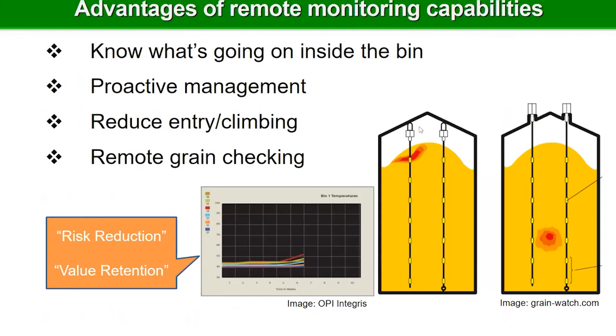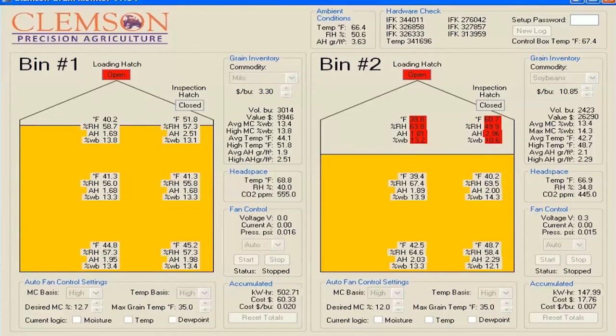So with these sensors, you can get an idea of what's going on in your bin, and you can manage your bin and your material better, reduce the entry to the bin, which is very dangerous, and you can reduce the risk of loss due to storage problems.